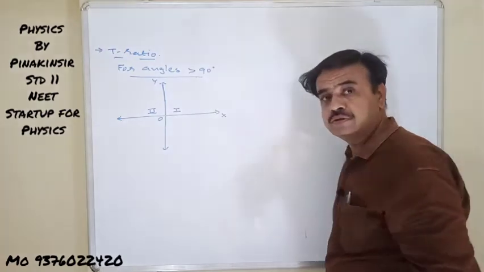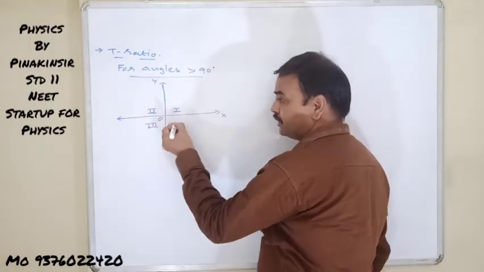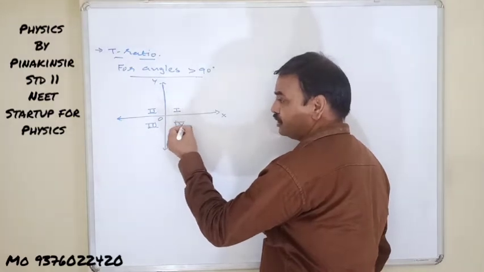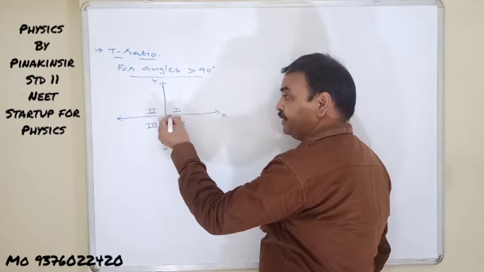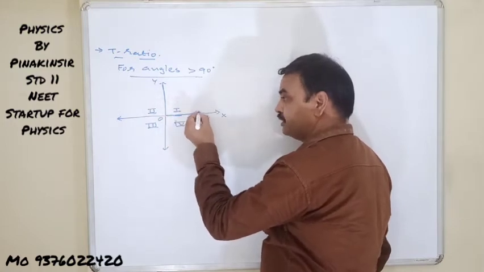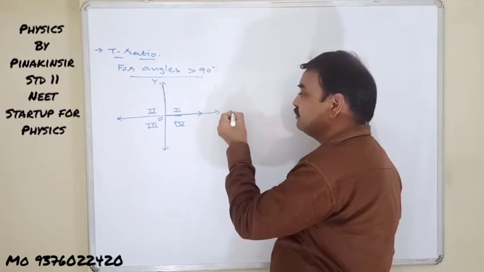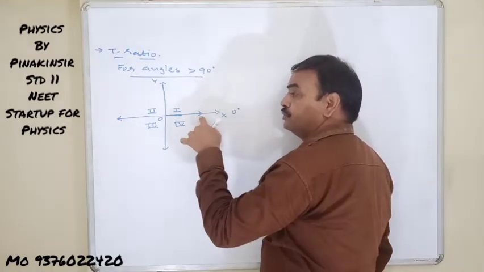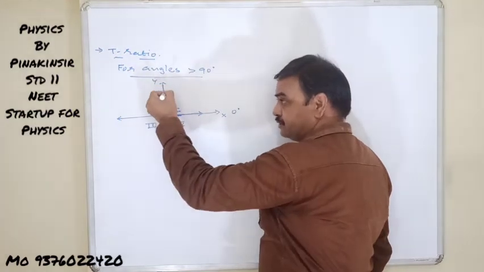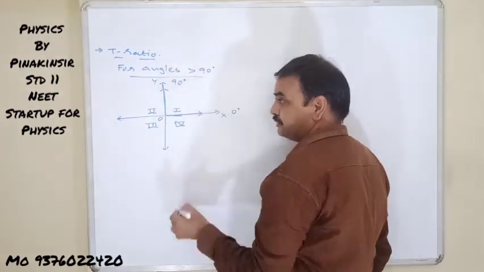That you must have learned in lower standards. This one is the third quadrant and this one is the fourth quadrant. If your ray OP is somewhere here on the OX line itself, then the angle will be equal to 0. If your ray OP is somewhere here, then the angle is equal to 90 degrees.